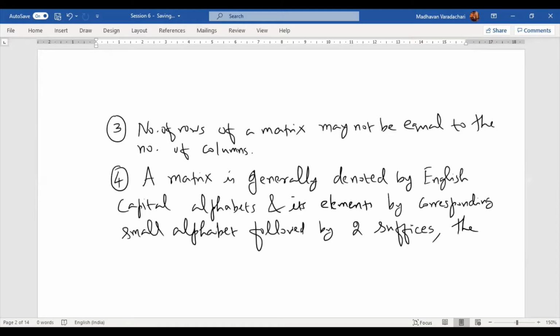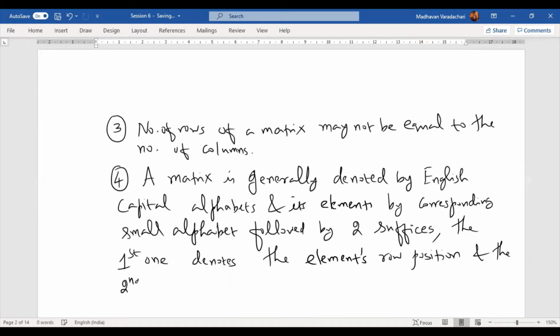The first one denotes the element's row position, and the second one denotes its column position.